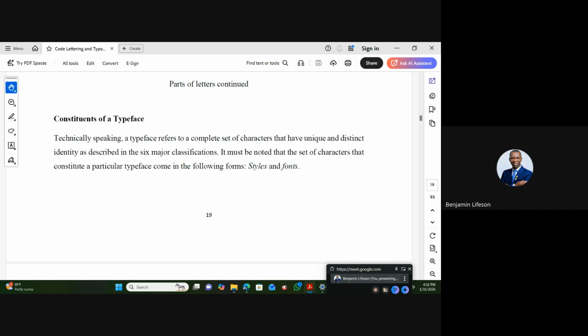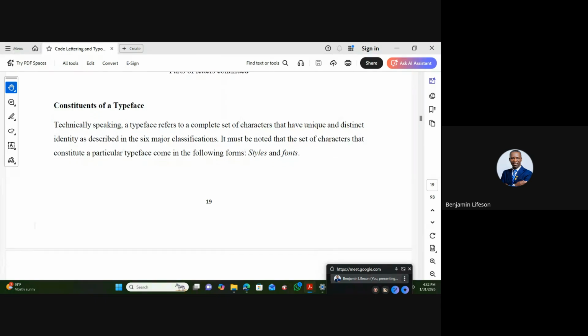The typeface is the overall design of a particular character. So typeface refers to a complete set of characters that have their unique and distinct identity, and we describe it in the 6 major classifications in our previous lesson.